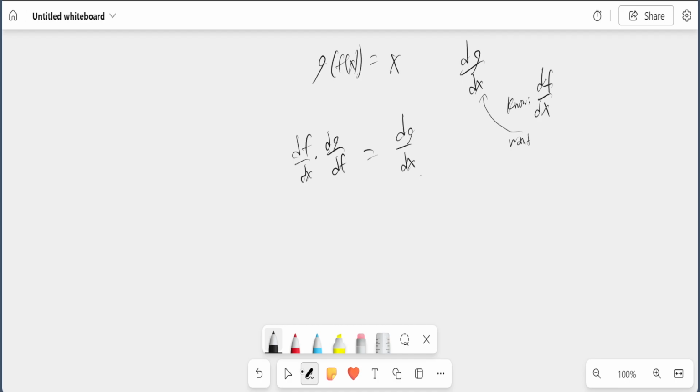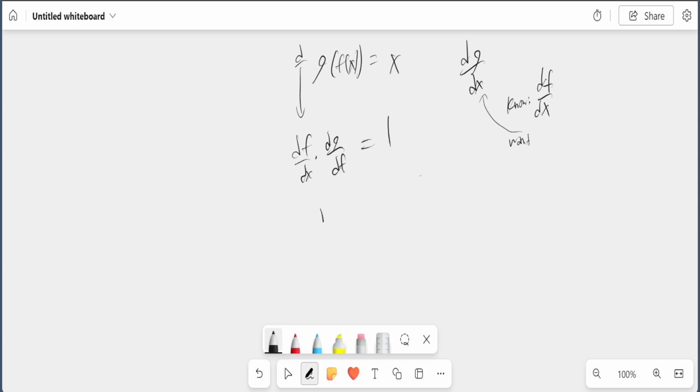Right, and so dg/df is equal to, I feel like I'm doing something wrong here. The product is equal to 1, right? Because that's dg/dx. We wanted to take the derivative of this, and that becomes this in fraction notation.